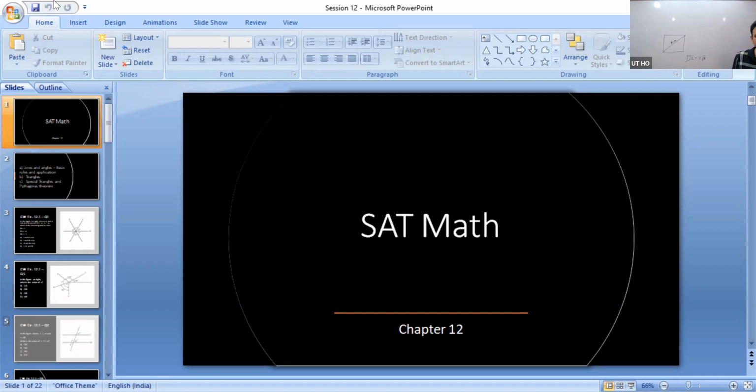One is saying 4 root 2. Actually, this is also 4 root 2 only, no? Yes, sir, this is 16 into 2, this is 4 root 2. So both are correct actually.